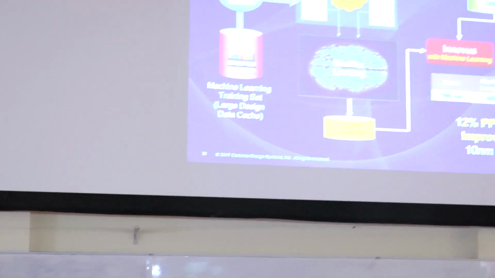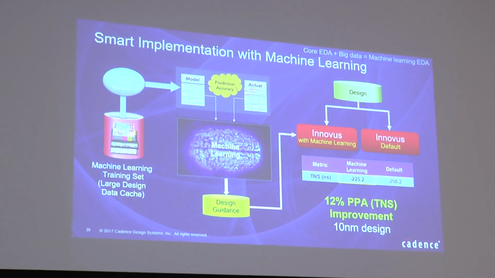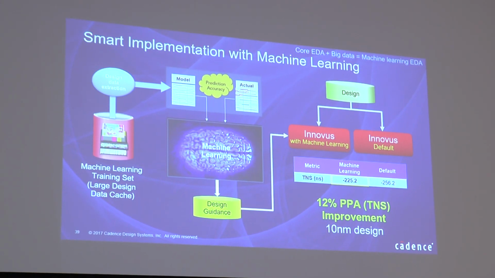Another place where machine learning can be applied is digital design. As I said, digital design is a lot about optimization problems: how to optimize power, performance, and area. Here we have implemented machine learning algorithms in our digital design tool, called Innovus.